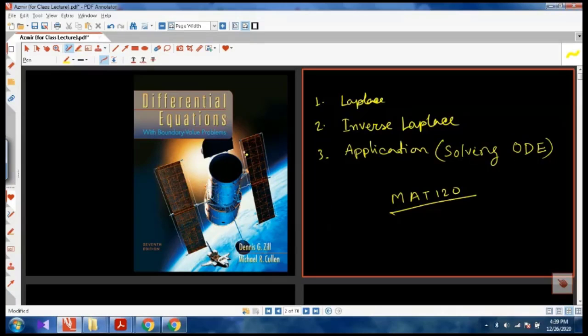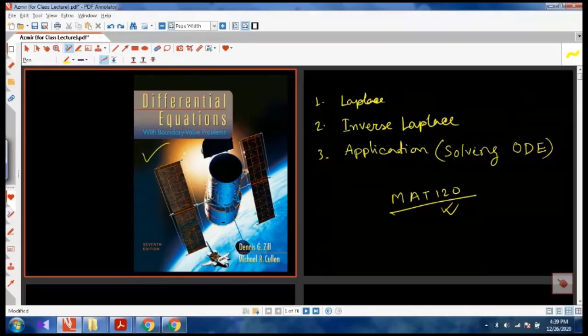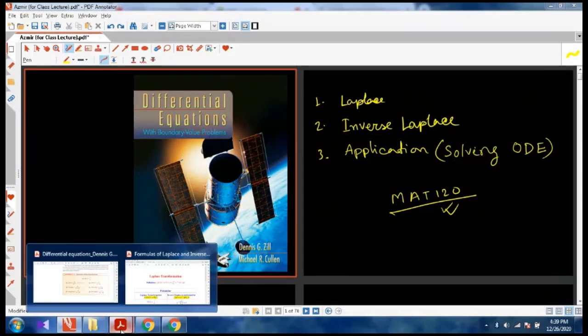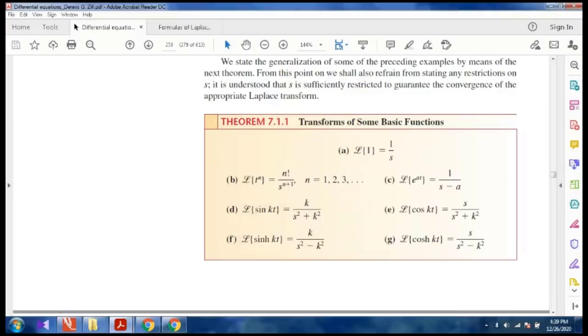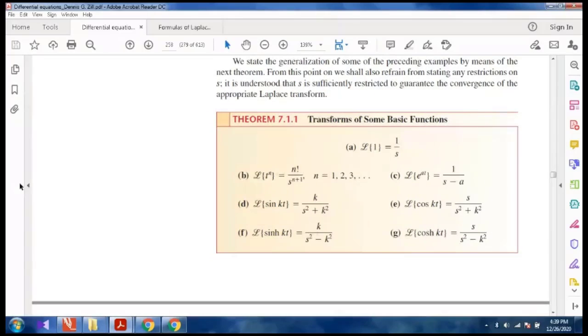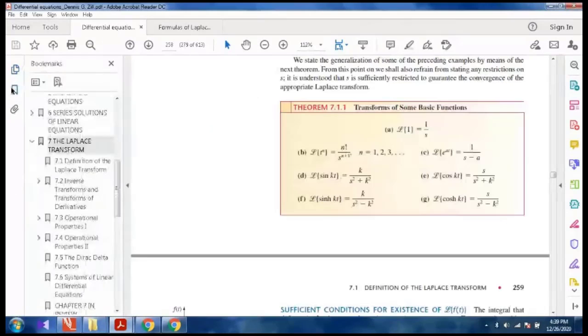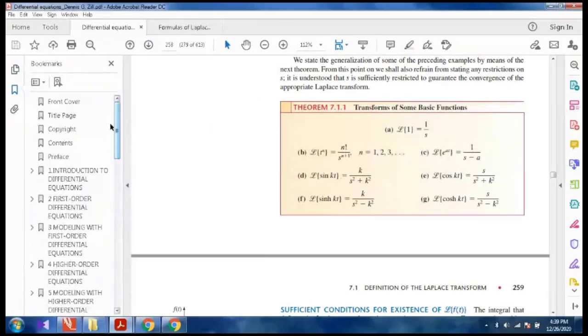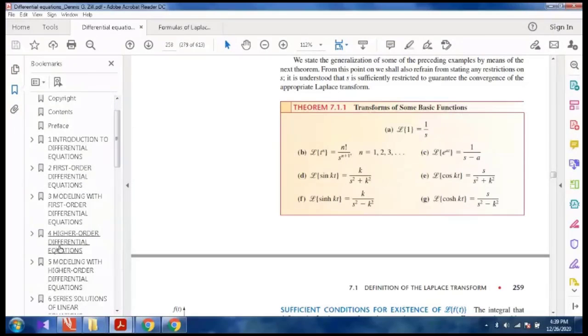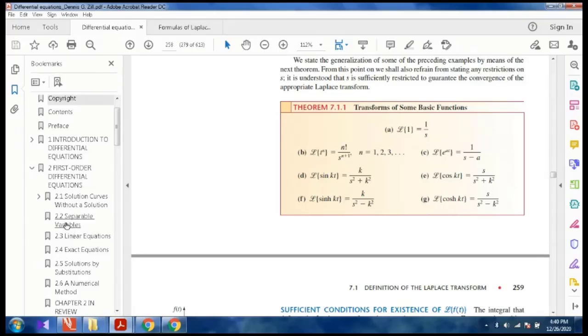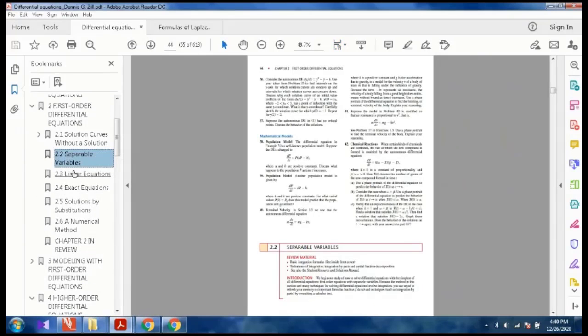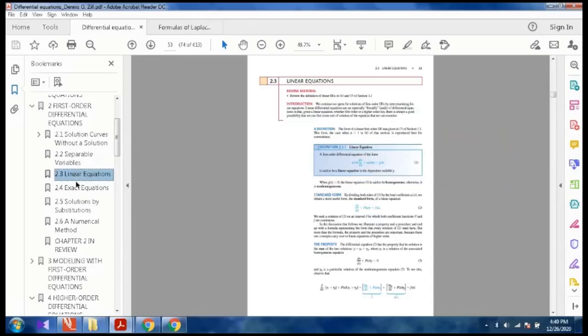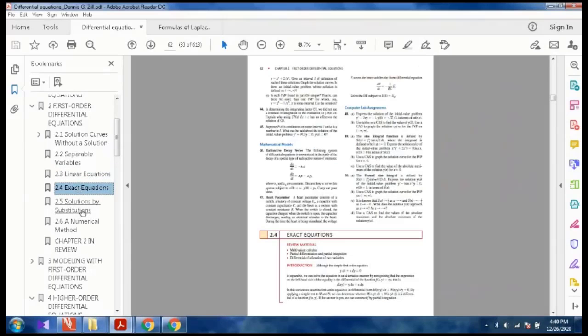In this course, that means in Math 120, this book has been followed there. So let me show this one. You might remember that in Math 120, you are familiar with what is separable differential equation, linear differential equation, exact differential equation.